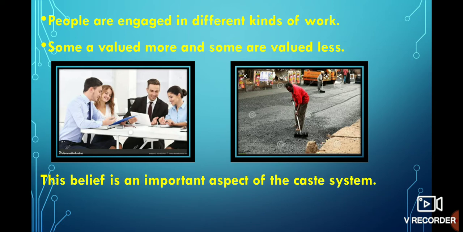These kinds of people earn less, and that job is not valued. Less means it's not valued more. So there is a difference. Some jobs are valued more, some jobs are valued less.